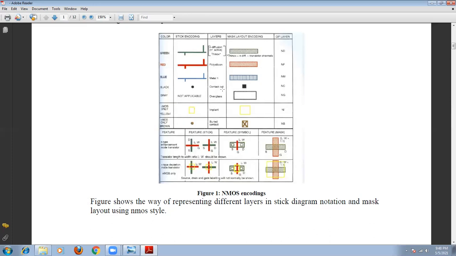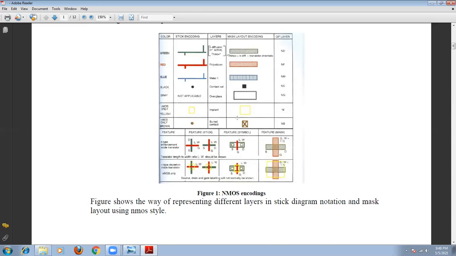What is diffusion basically? In CMOS, diffusion plus transistor channels. Now, what is the transistor channel here? For example, in an N channel FET, the channel is N type material.